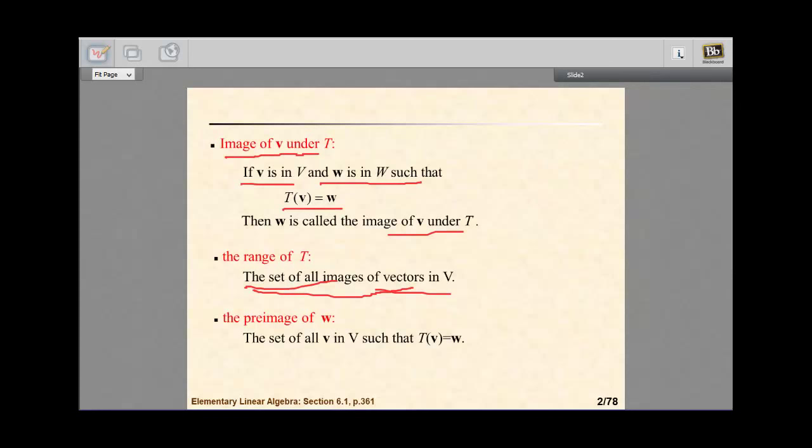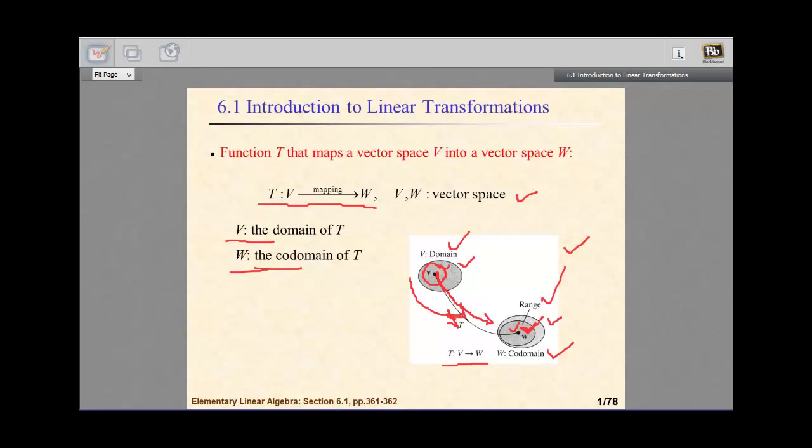And similarly, the pre-image of w is the set of all v in V such that the transformation of v is equal to w. That is called the pre-image of w. In the previous slides, all these things are called the pre-image of w.